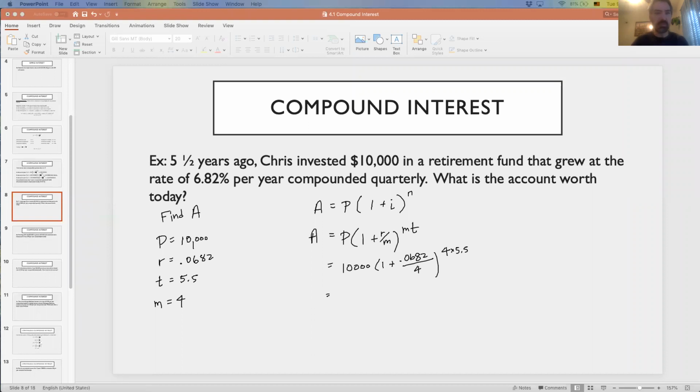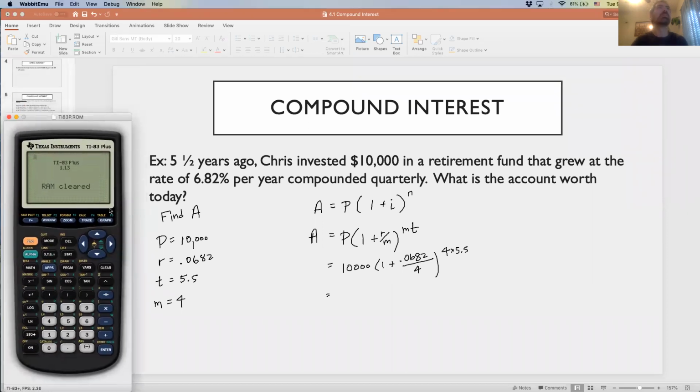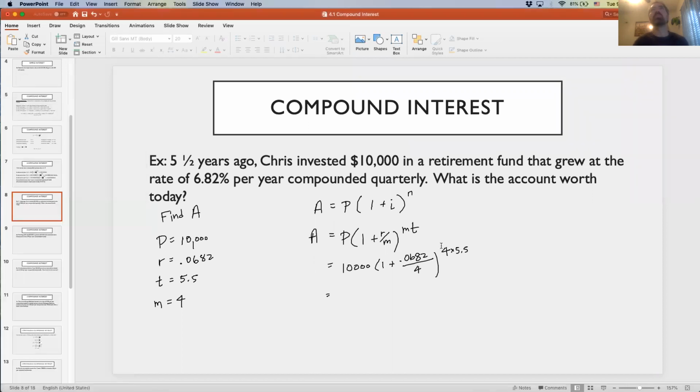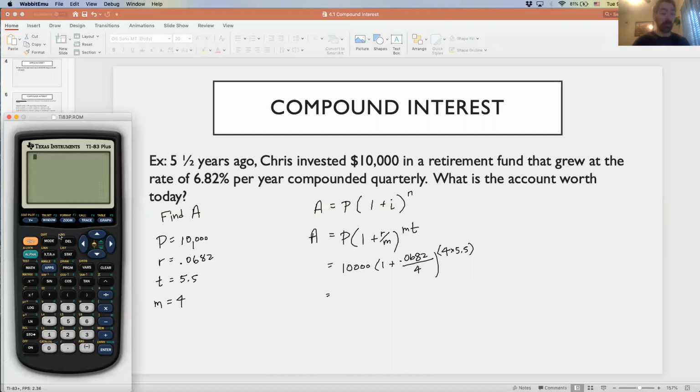All right, so let's take a look. I'm going to type it in exactly like I see it. Maybe one exception, you will need parentheses around the exponent if you're typing it in exactly as you see it there. So we're going to begin by typing 10,000 parentheses 1 plus 0.0682 divided by 4.